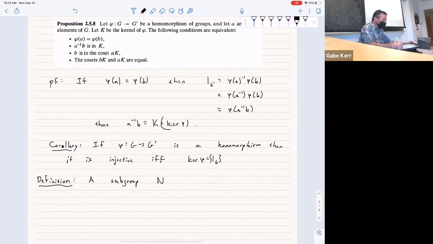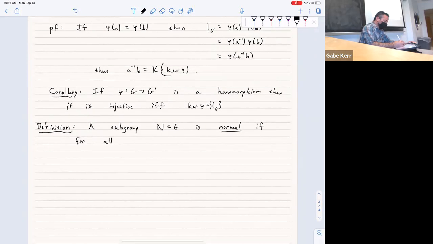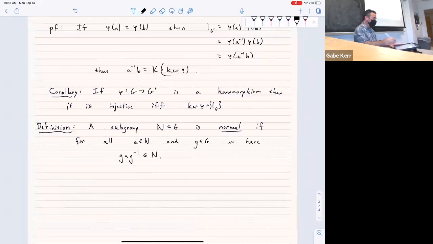A subgroup N of G is normal if for all A in N and G in G, I can conjugate A by G, and this conjugate of A has to also be in N. If a subgroup satisfies this property, we put a triangle here. That denotes a normal subgroup.